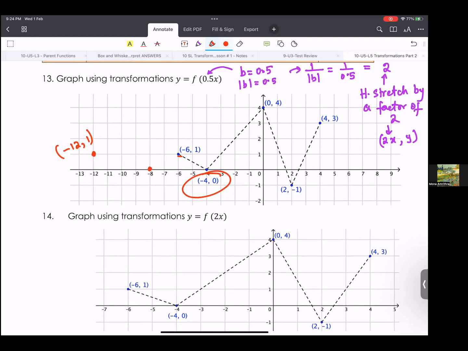So all the x values change. What about this value here? This value here is going to remain exactly where it was because 0 multiplied by 2 is just 0. And 2, comma negative 1 ends up becoming 4, comma negative 1. And 4, comma 3 ends up becoming 8, comma 3. So it's going to go over there.